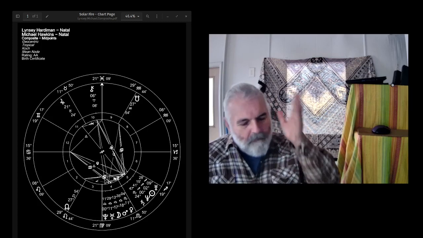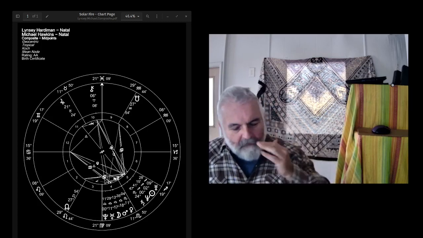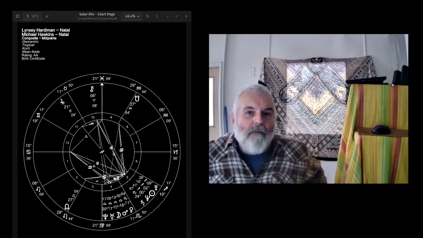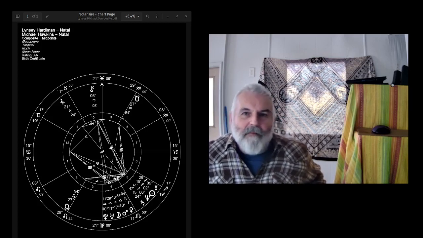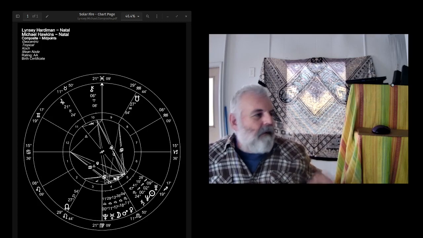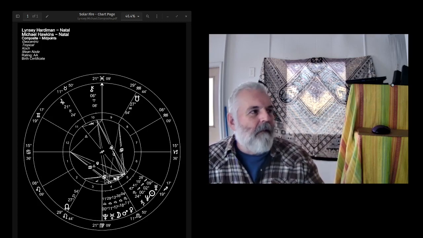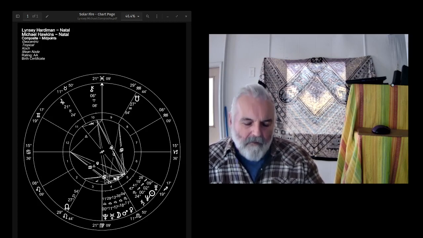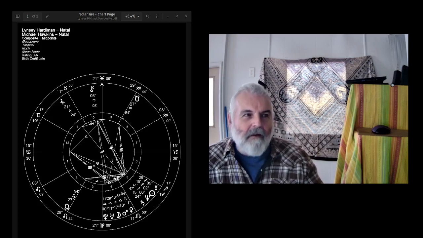So one of my first thoughts was, oh my God, how powerful to have 2 stelliums like that. Really, really strong, really focused, combined archetypal energy. But in an area of the chart that is safe.